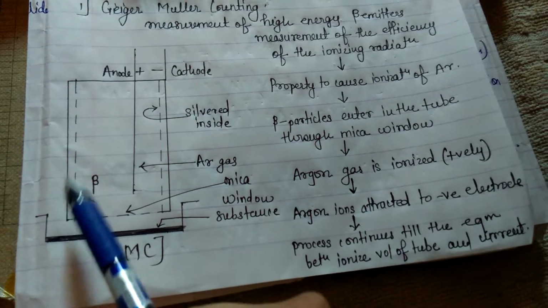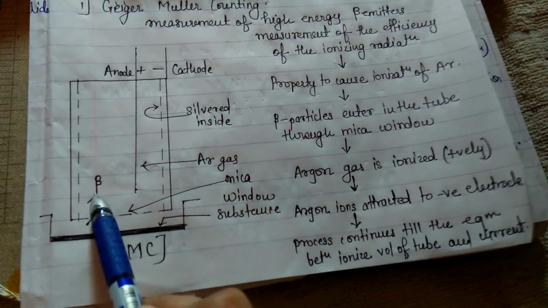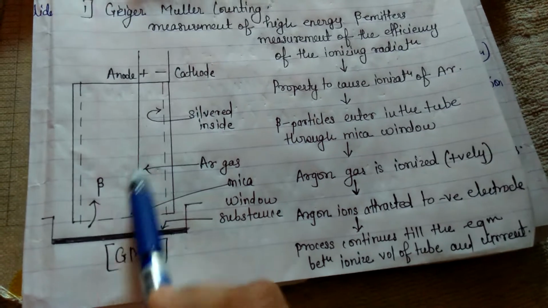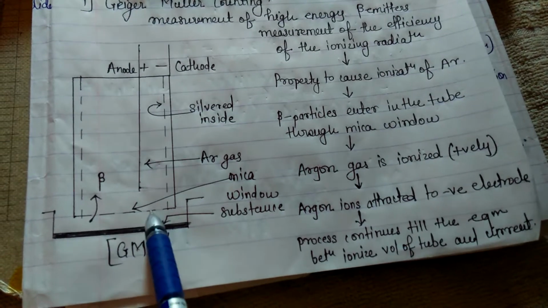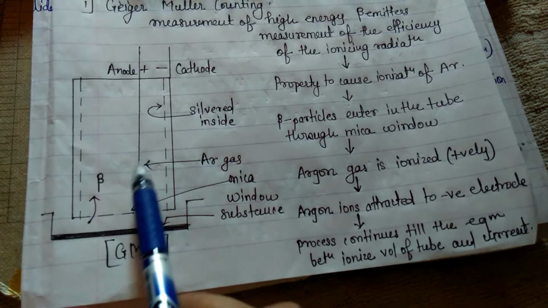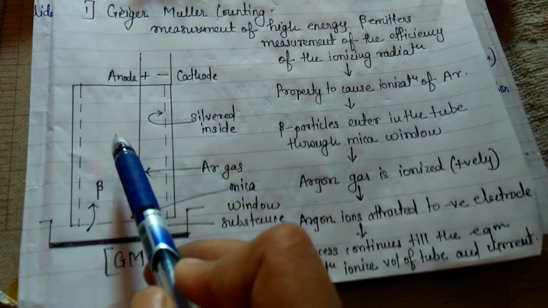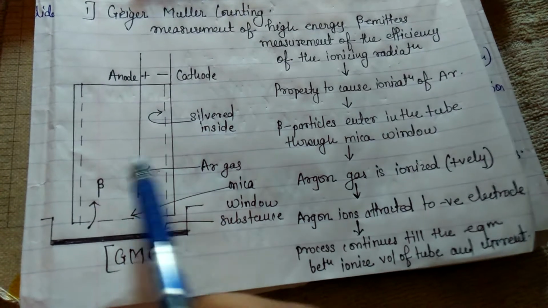How does it work? The substance emits beta particles, and those beta particles enter the tube via the mica window. The particles cause ionization, or excitation, of the argon gas.